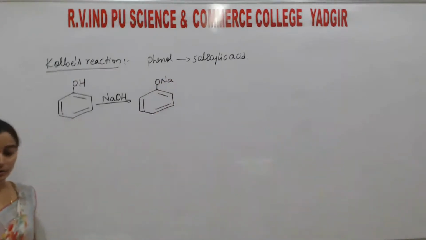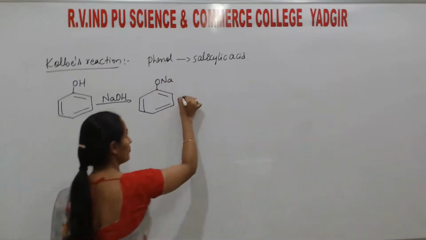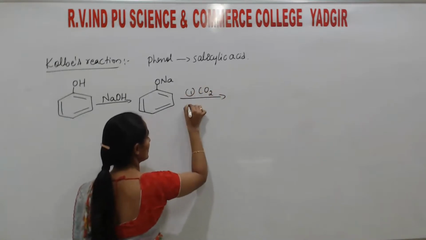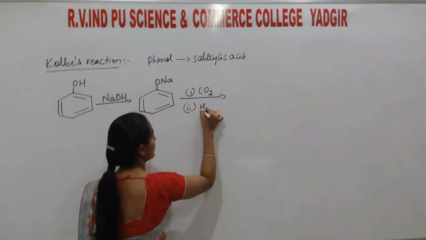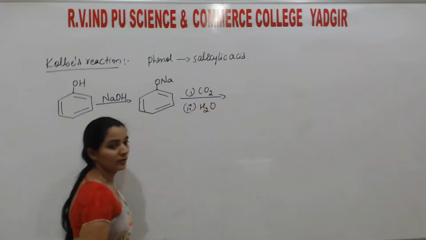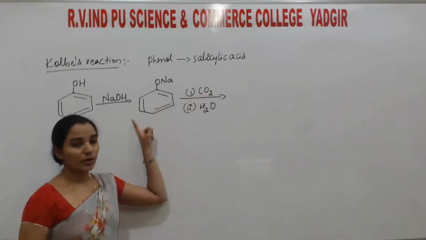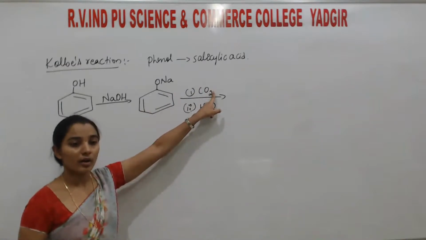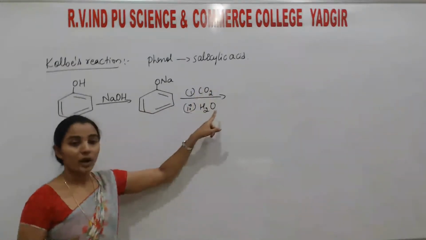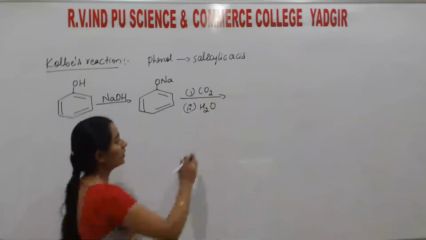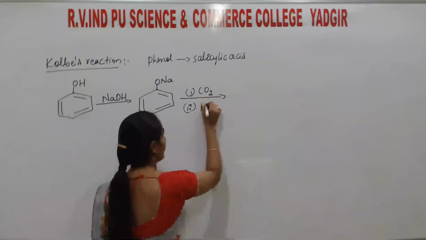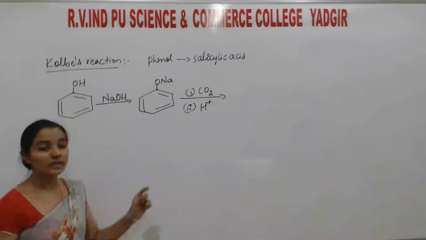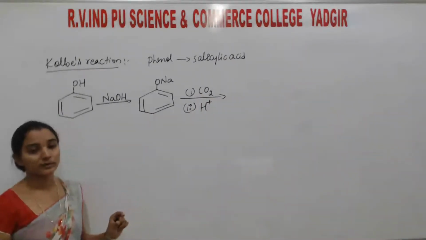Later this sodium phenoxide is treated with carbon dioxide followed by hydrolysis. The sodium phenoxide is treated with what? Carbon dioxide followed by hydrolysis. Instead of hydrolysis you can take acidification, H plus.